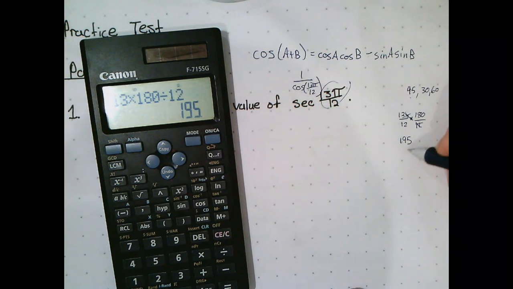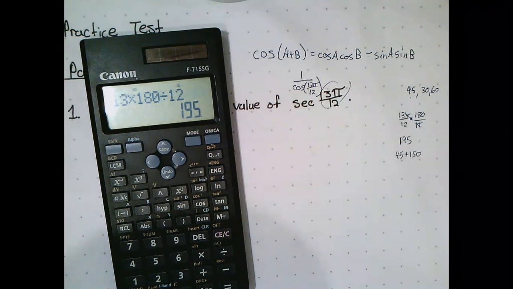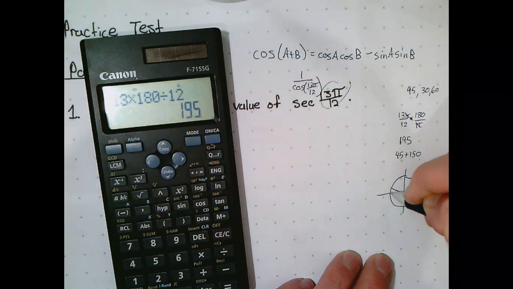So now if we can express this as the sum of these, then we're in pretty solid shape. We can actually see here that this can be written as 45 plus 150. That's pretty doable, right? For 150 is going to be 30 degrees before. So if we look at our unit circle, this angle here is 150, so it's about 30 degrees back from pi, or from 180.